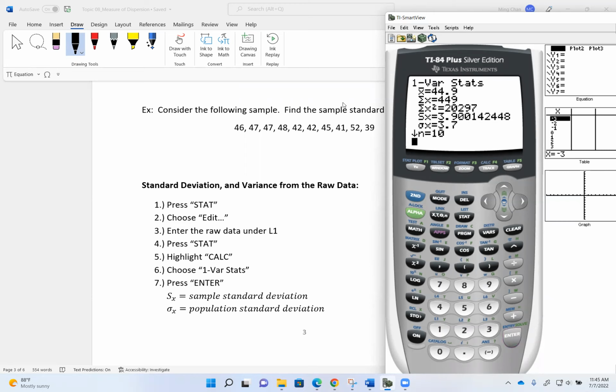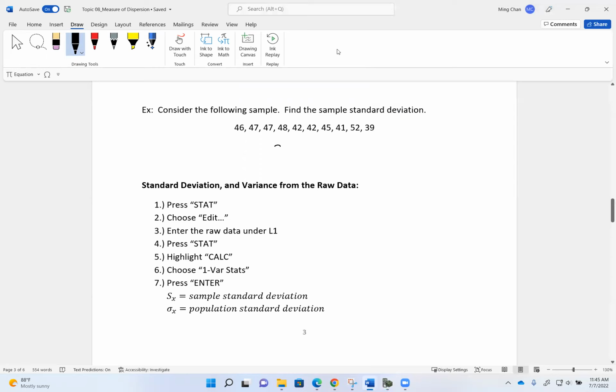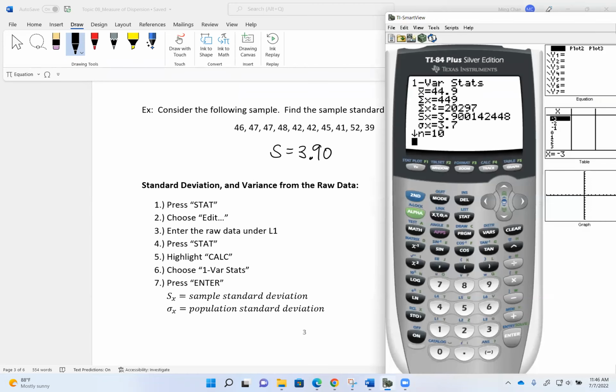There you go, your sample standard deviation: 3.90, rounded to a couple of decimal places. What this number means is that, on average, each data value is about 3.9 places above or below the mean, and the mean is 44.9.